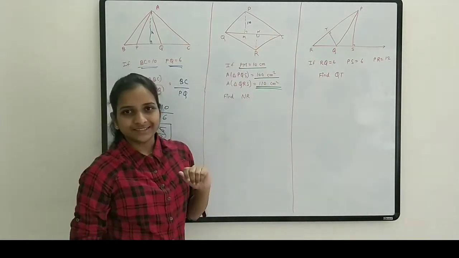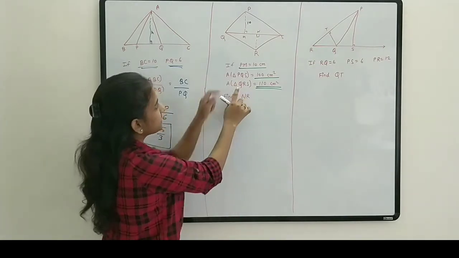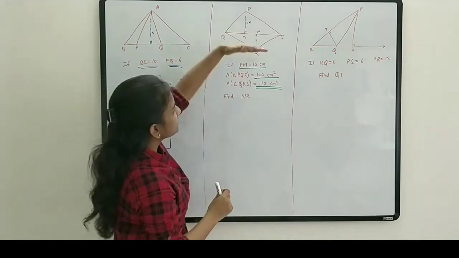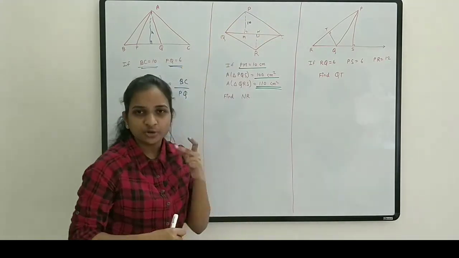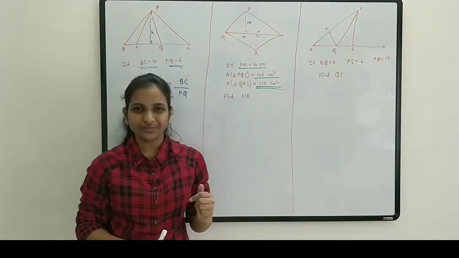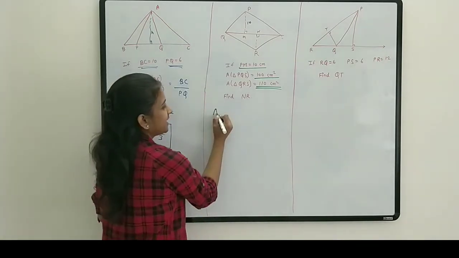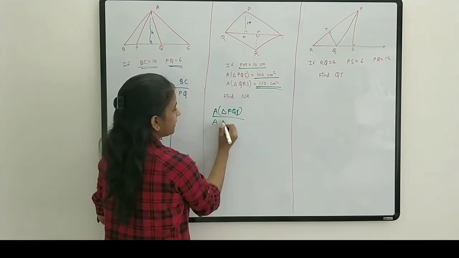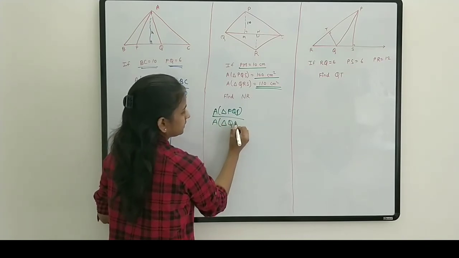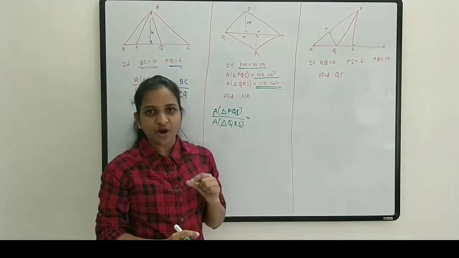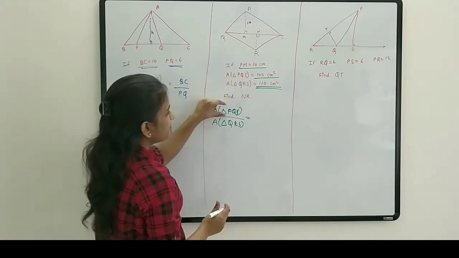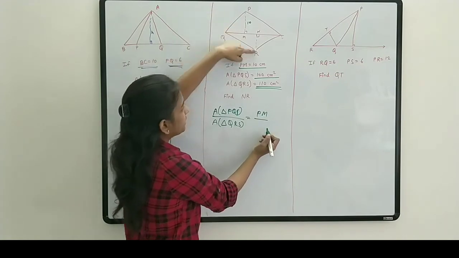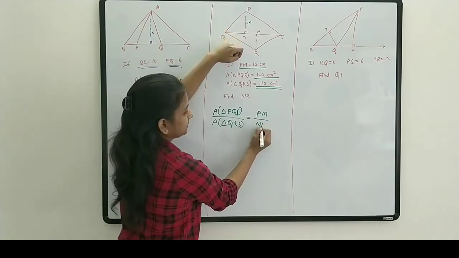How to find it? See, for both the triangles PQS and QRS, the base QS is common. So there are two triangles of equal base. So we can say the ratio of areas of two triangles having equal base is nothing but the ratio of their corresponding heights. So for triangle PQS, the height is PM, and for this triangle the height is NR.